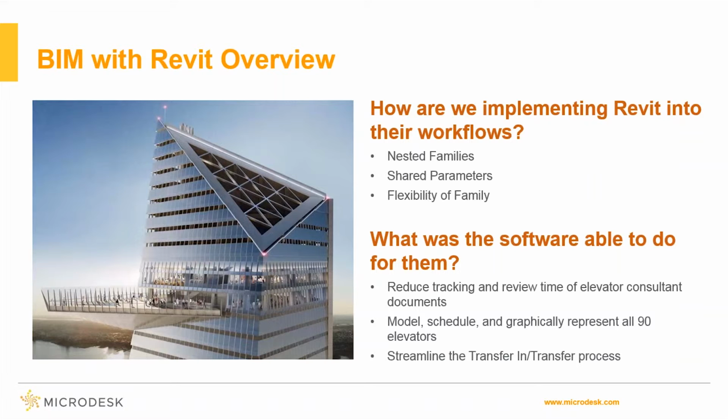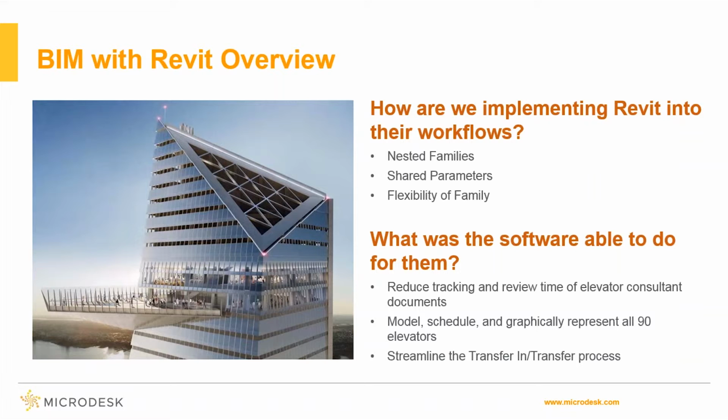So when we get into the BIM and Revit overview and how we planned on implementing Revit into their workflows, as we looked at Revit and what the end goal and deliverables were, we incorporated a series of Revit tools and family organization into the team's workflow that helped us resolve this challenge.